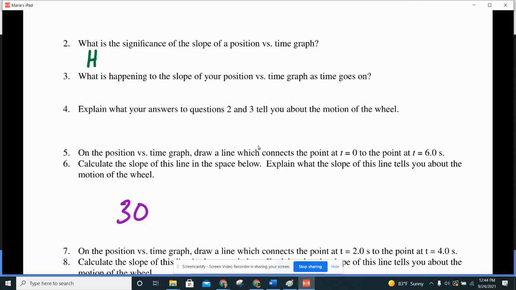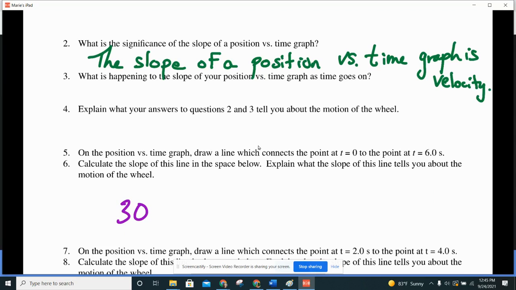What does the slope of a position versus time graph specifically tell you? It's one of those 3. We use a position versus time graph to get what? Yes! The slope here is the velocity.